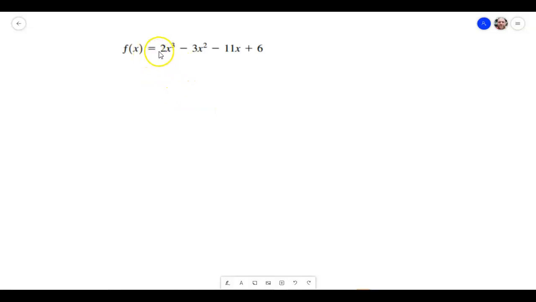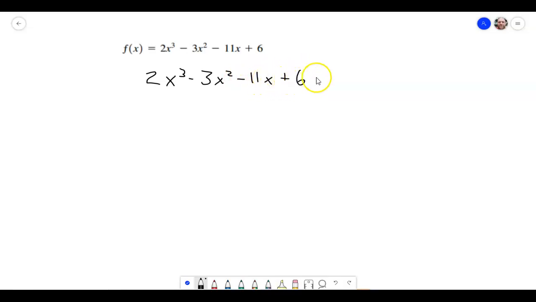So once again, we're starting with a third degree polynomial. That means that the highest degree in this polynomial is a 3, and we're trying to find the factors of it. Basically, if we set this equation equal to 0, 2x cubed minus 3x squared minus 11x plus 6 is equal to 0.